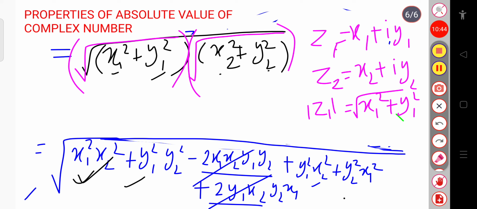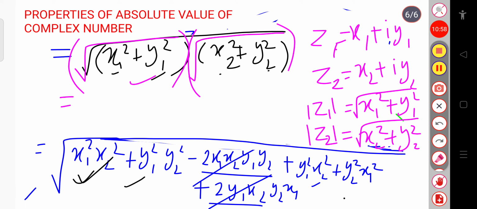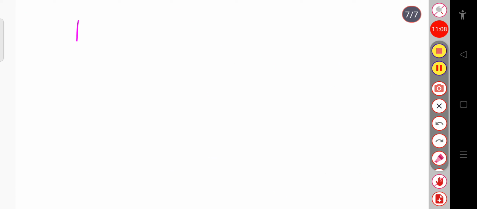Similarly, for mod z2 we can write the root of x2 square plus y2 square. So the root of x1 square plus y1 square is nothing but mod z1, and the root of x2 square plus y2 square is nothing but mod z2. Hence we have proved that mod z1 into z2 is equal to the modulus of z1 into the modulus of z2.